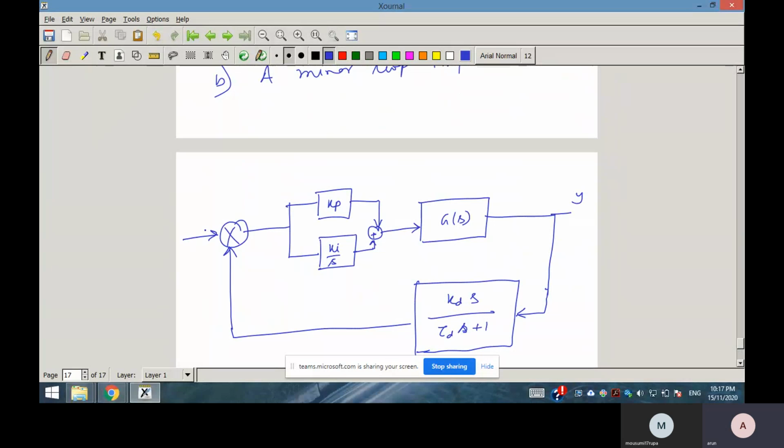This is your reference input. So this is the PI part, and this is your approximate derivative part.